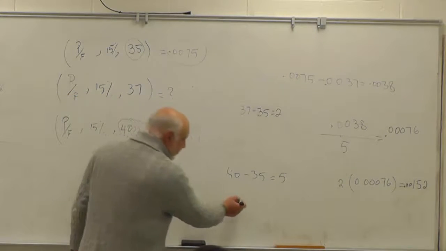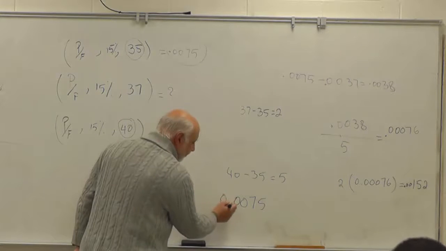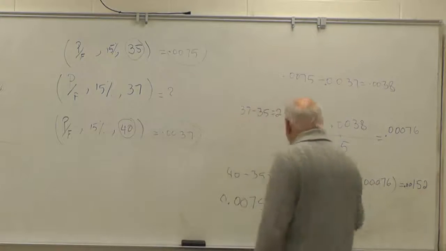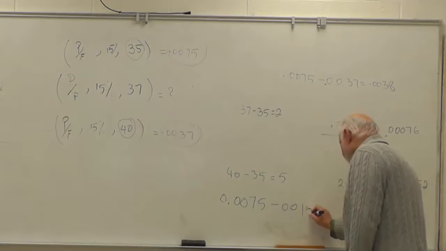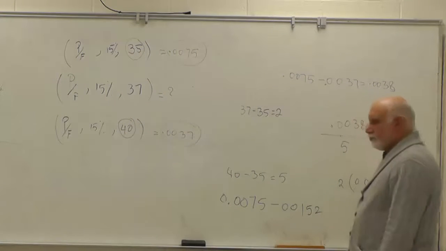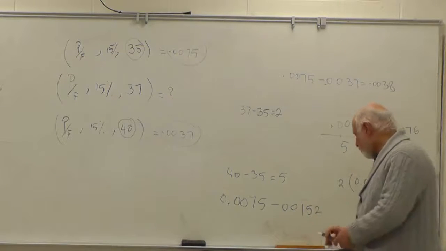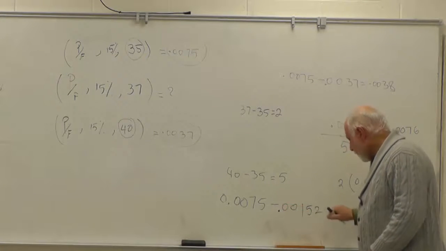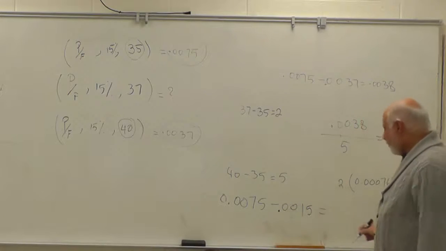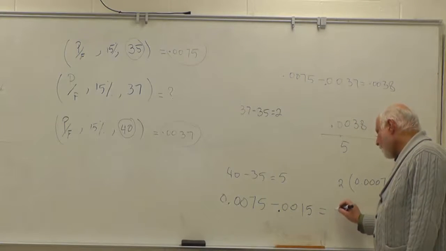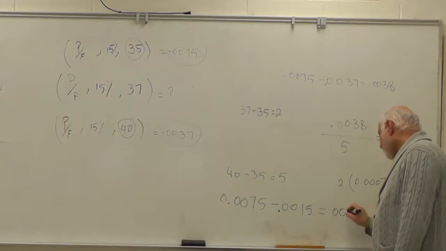So it's going to be 0.0075 minus 0.00152. We are only using 4 decimals, so you can drop that, and that would give you 0.0060.